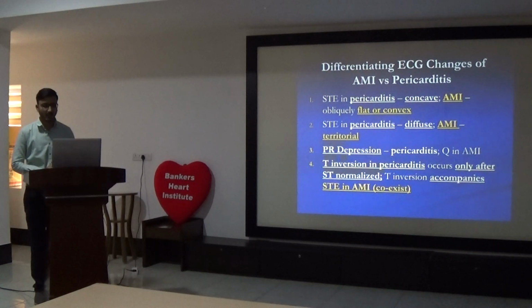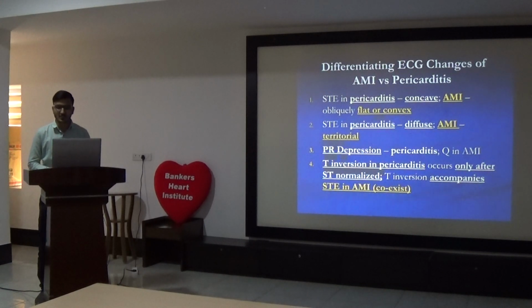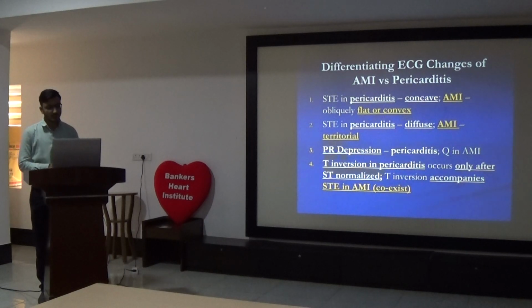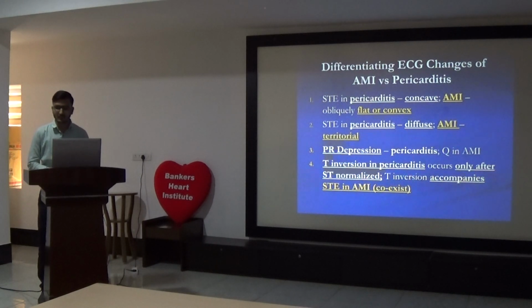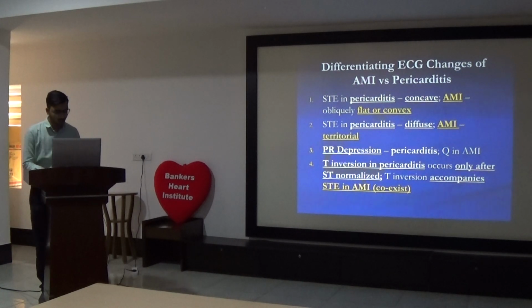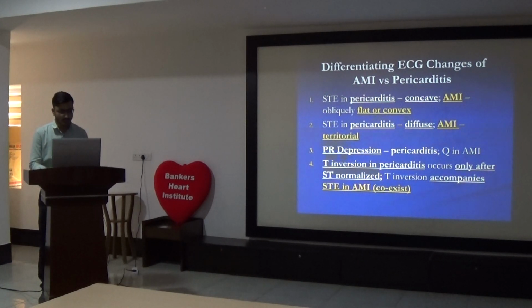Third, PR segment depression will be seen in pericarditis, while Q wave in acute MI. Fourth, T inversion in pericarditis occurs only after ST normalization, while in acute MI, T wave inversion accompanies the ST segment elevation. So these are 4 differentiating changes.